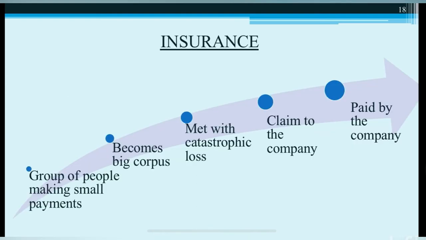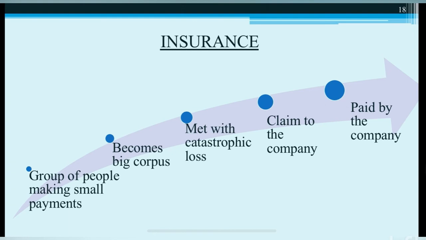Before understanding this definition, I'll give you an example, a very layman example. When we were kids, when any relative came and gave us money, our mother used to say, you just give me the money, and when you need it, I'll return it back to you.